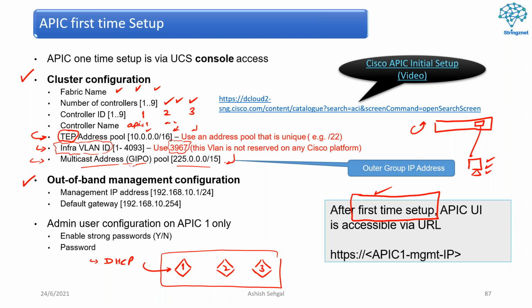In the very second lab, I will show you the purpose of it. In our multi-pod lab as well, I will show you the purpose of this particular group IP address, what actually it does.